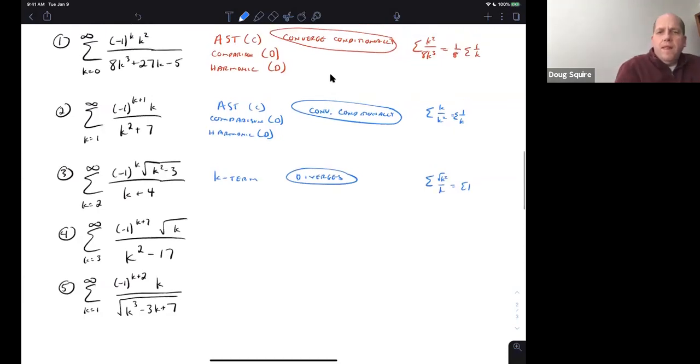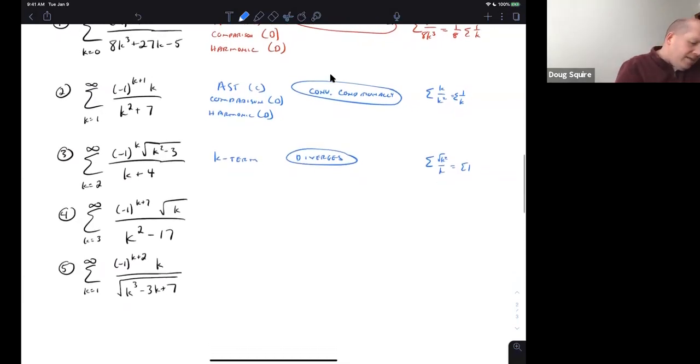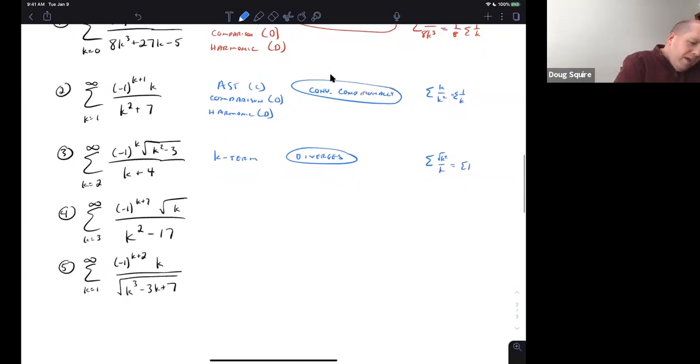That's good. All right. And then on the next one, by the time you get over to the far right, you're going to get the square root of k over k squared, which is 1 over k to the 3 halves. So that's going to be a P series that converges. Then the comparison test in the middle, it's going to converge.